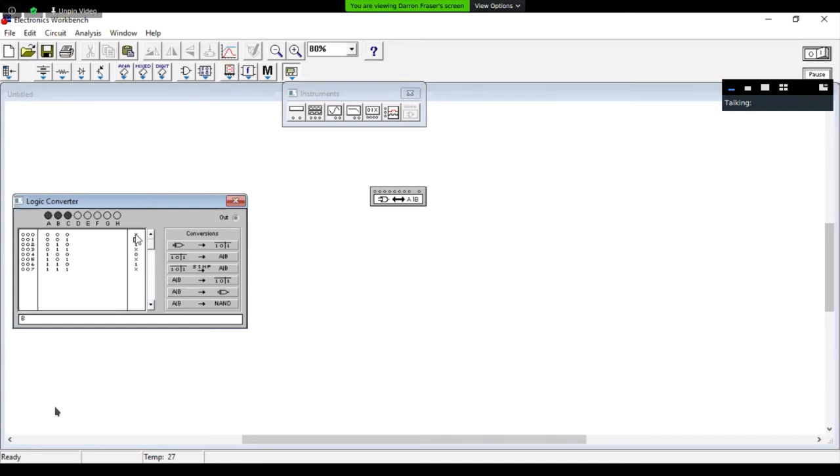X1, X, 0X, 1XX. All right. I'll simplify that. And that is A bar. All right.